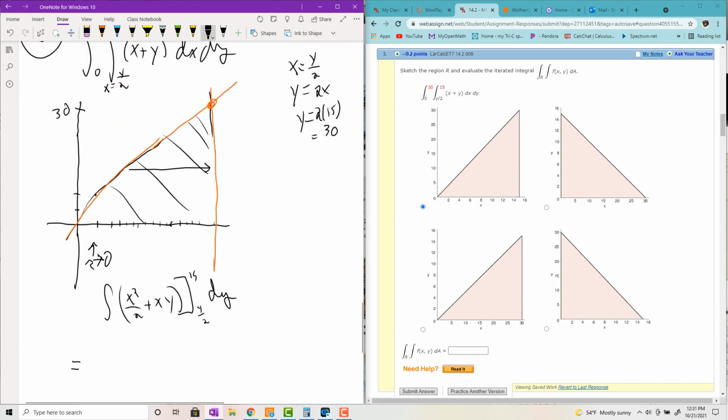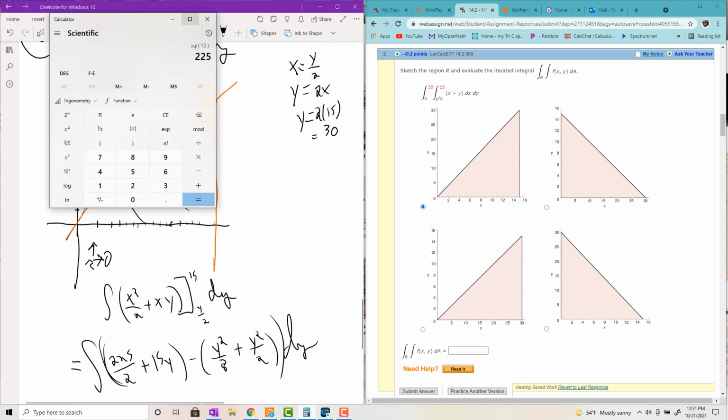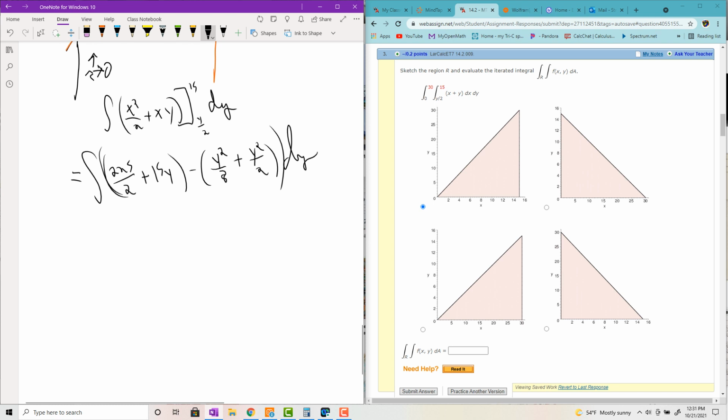So this will be equal to the integral of 15 squared, I think it's 225, all over 2, plus 15y, and then minus y squared over 4 times 2, so y squared over 8, plus y squared over 2, dy. I think it's 225. Yeah, 225. I did it earlier.